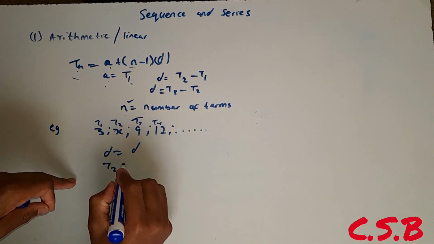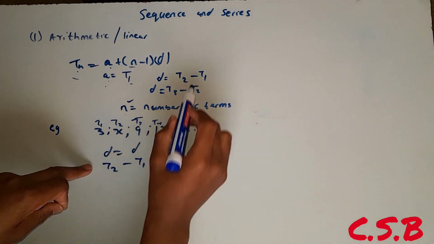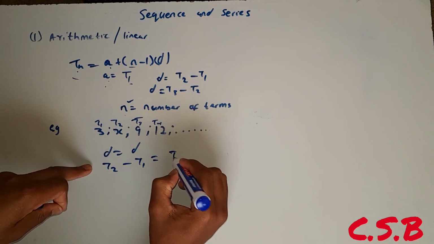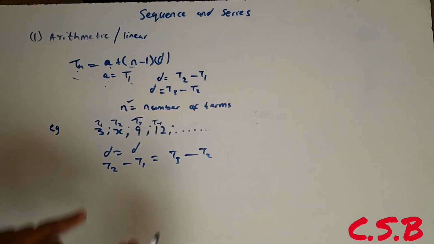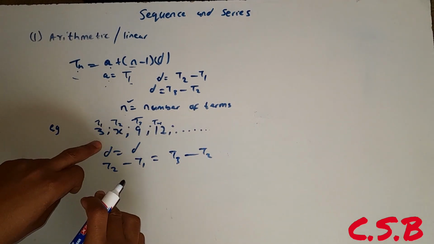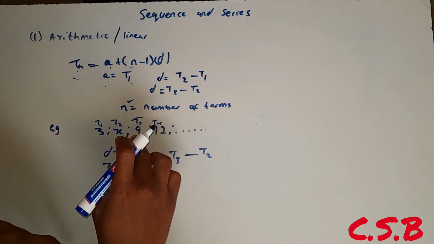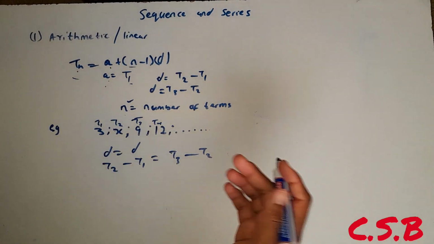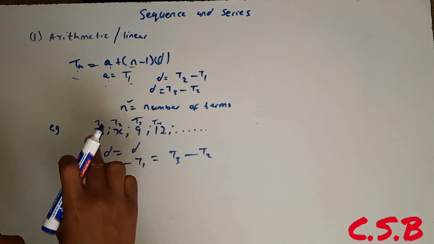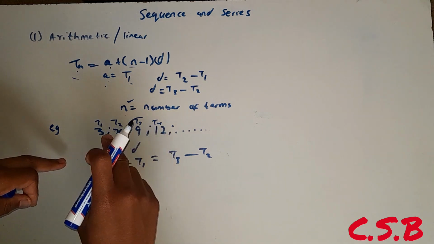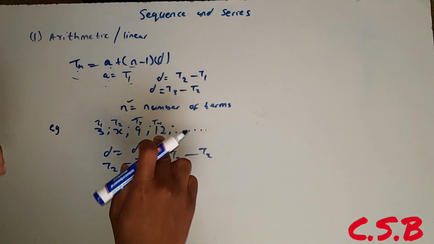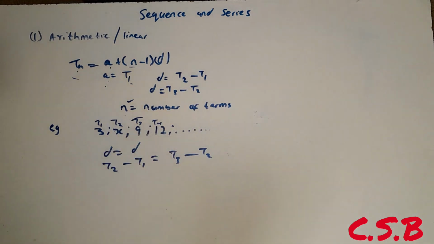So T2 minus T1 is the same as T3 minus T2. The difference between these terms is equal to the difference between these terms. Simple as ABC. So the difference here, x minus 3, is the same as 9 minus x, or the same as 12 minus 9.